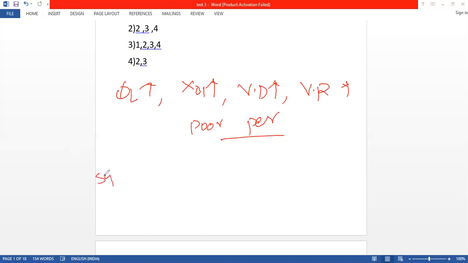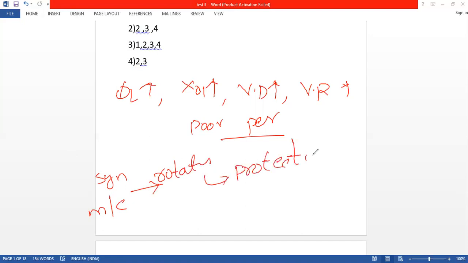Whereas a synchronous machine is a rotating machine. Here protection is important. So short circuit current is V by Z. Z includes X. If this increases, the short circuit current will decrease.